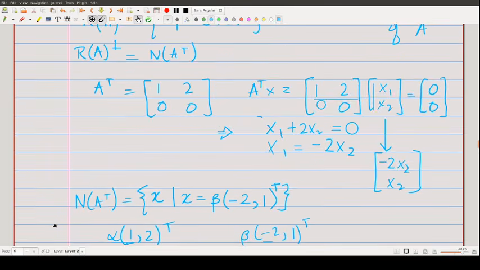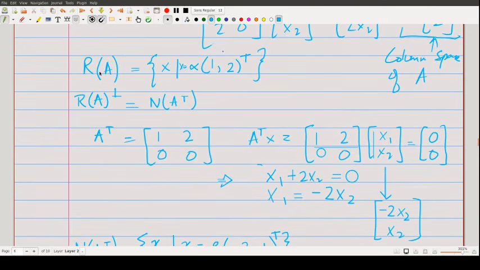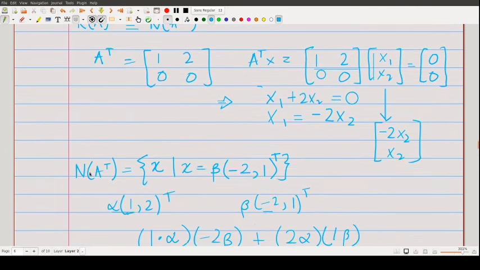So you can see clearly that any vector in the column space of A is going to be orthogonal.